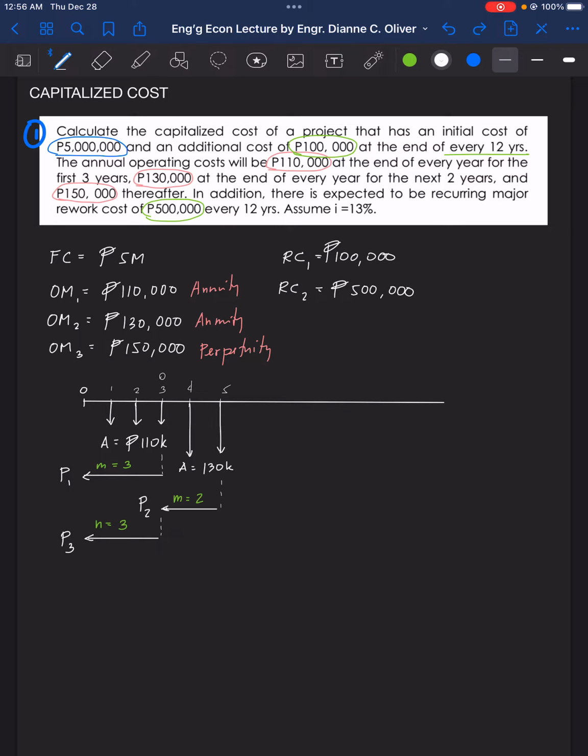So that will be, well, since it's in perpetuity, you can just have here a broken line. And this is 6, 7, 8, 9, and so on and so forth.